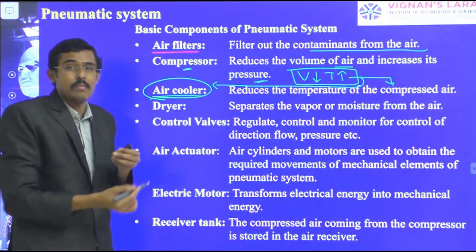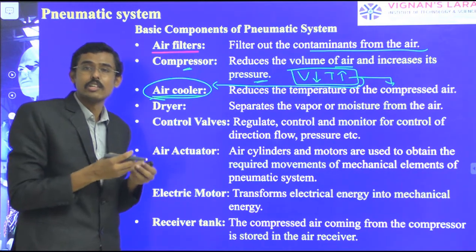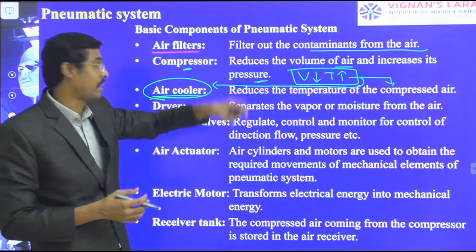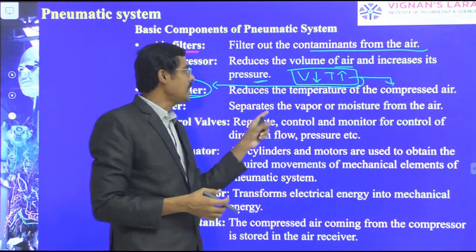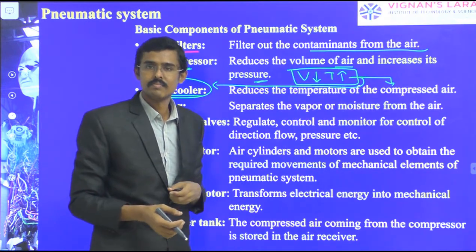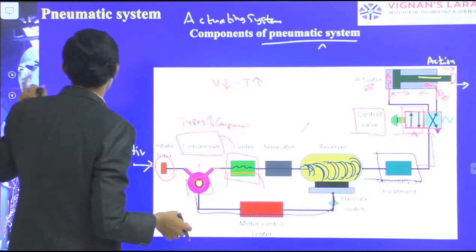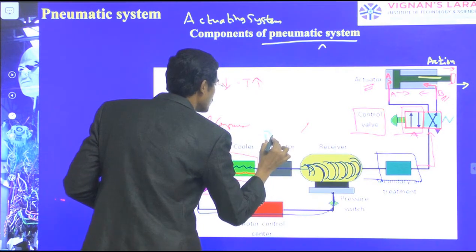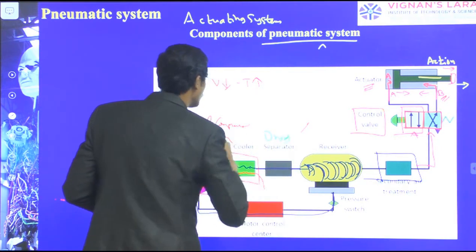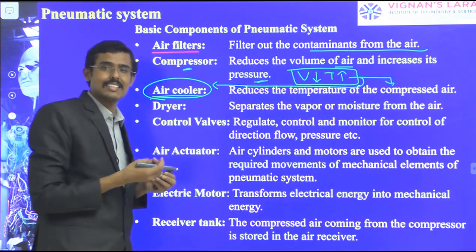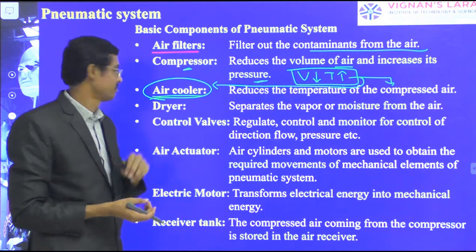Because the cooling process happens, condensation will happen, therefore the air will be wet. So wet air has to be dried before going to the actuating mechanisms. The separator separates the vapor or moisture from the air, so I am writing here also dryer. Likewise, we can understand the separator term as a dryer.